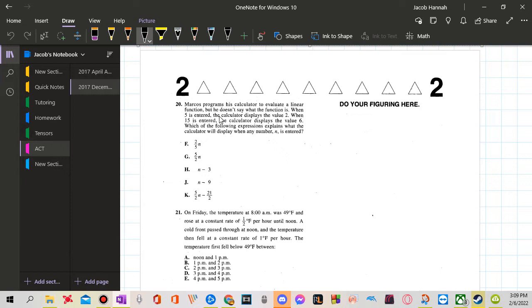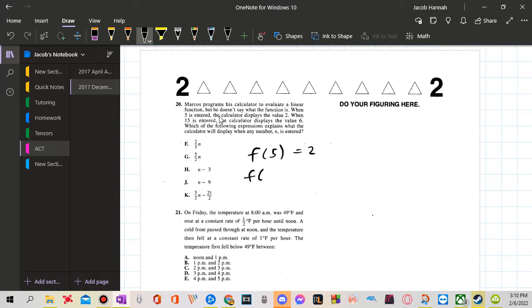So let's see. When 5 is entered, let's say f of 5 is equal to 2. He's entering 5 into his calculator, that's putting it into some function, and it's outputting 2. When 15 is entered, the display is 6.